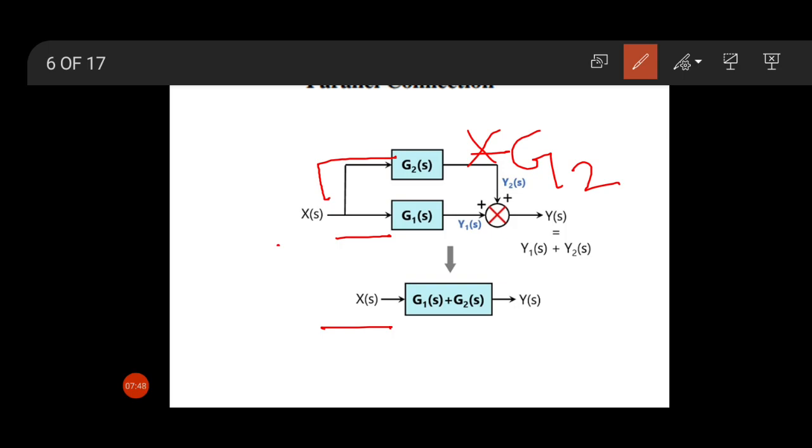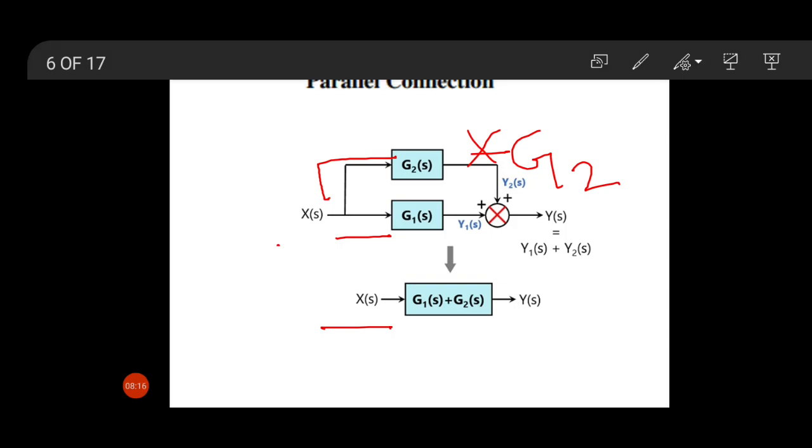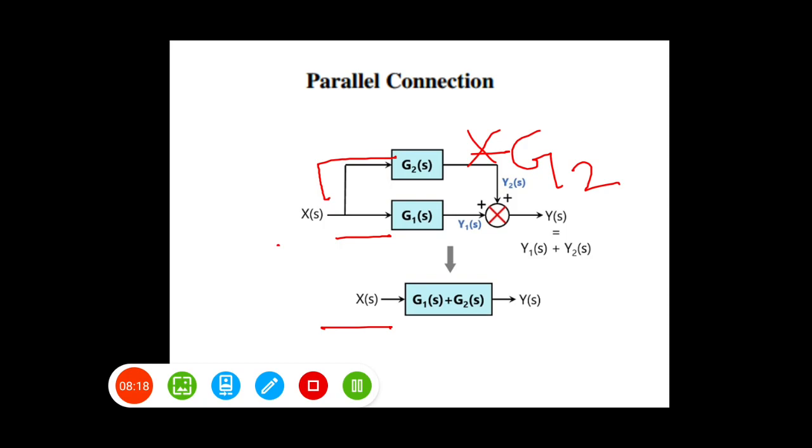So you are getting the same output. If you get the same output with this single block, there is no need to take these two blocks in parallel with a branching point or summing point. This is the reason why we combine blocks into a single block. Thank you, student.